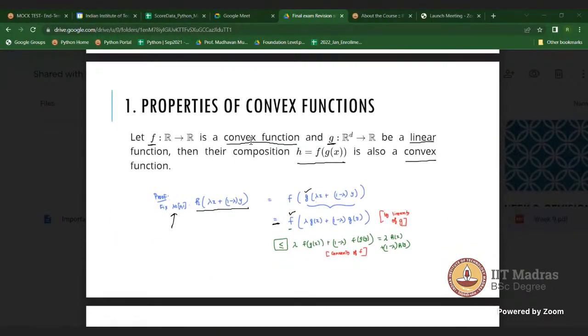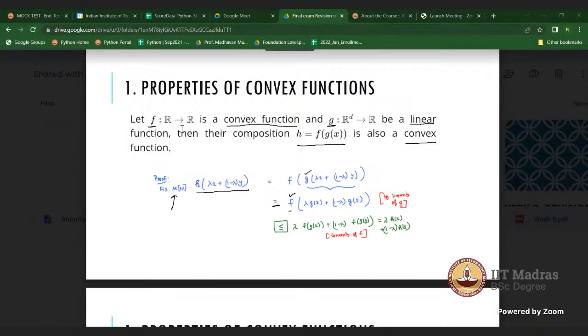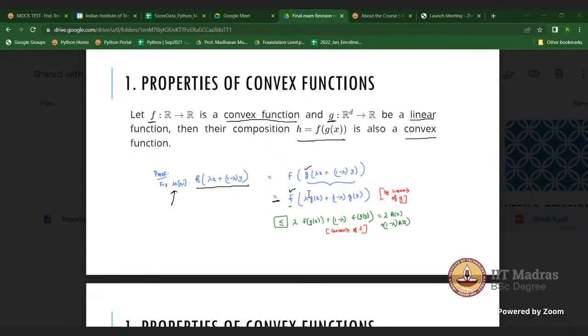And the other important one is when f is a convex function and g is a linear function, then f of g of x is going to be convex. So we have f of g of lambda x plus 1 minus lambda into y, which is exactly equal to f of lambda into g of x plus 1 minus lambda into g of y, because g is a linear function.